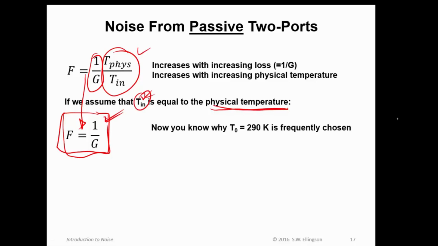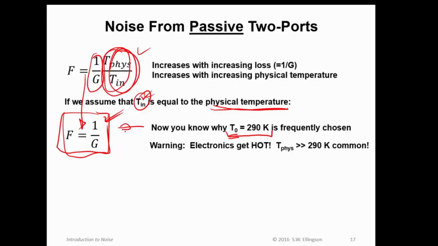So now perhaps you also see why the reference temperature for noise figure is chosen to be 290 K, or to be more clear, it's chosen to be something around room temperature. If you choose a reference temperature to be around physical temperature, then this ratio will be very, very close to 1. And then you'll get this at least approximately.